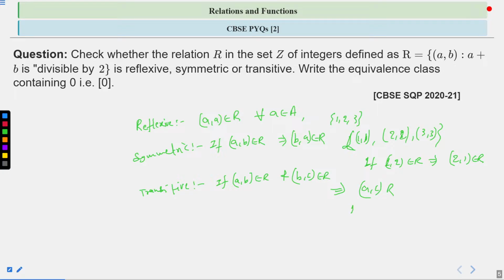For example, if (1, 2) is there and (2, 3) is there, this implies (1, 3) should be there, right? So these conditions are basically for reflexive, symmetric and transitive. In this question, we just have to check whether all the three conditions are satisfied or not, right?